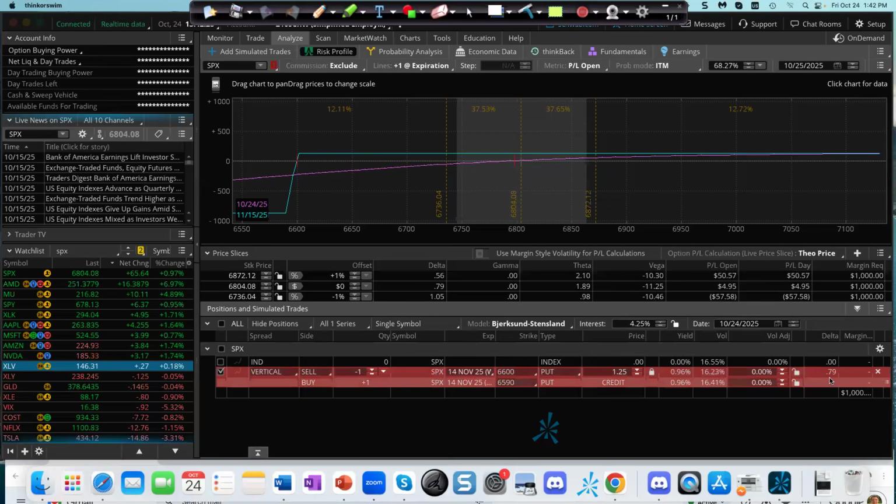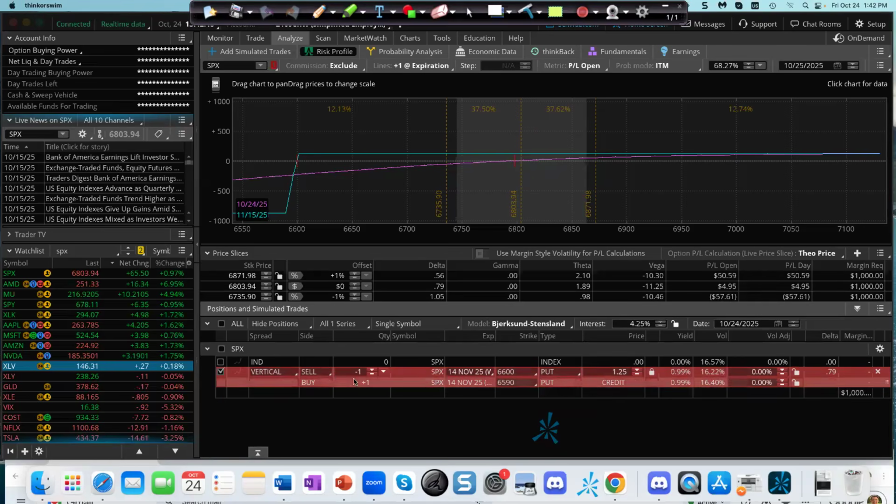Is 0.79 a lot of deltas long? Am I probably going to hedge this? If this were standalone, you're less than a delta long, right?